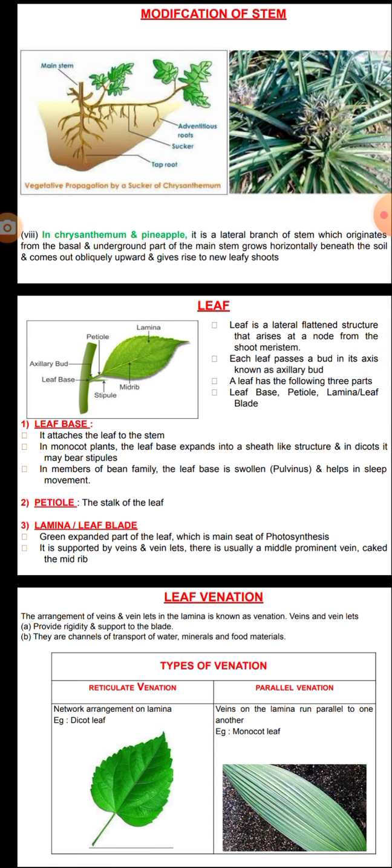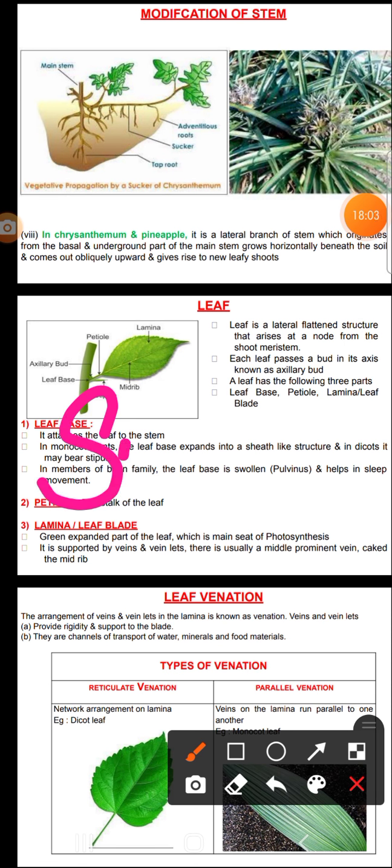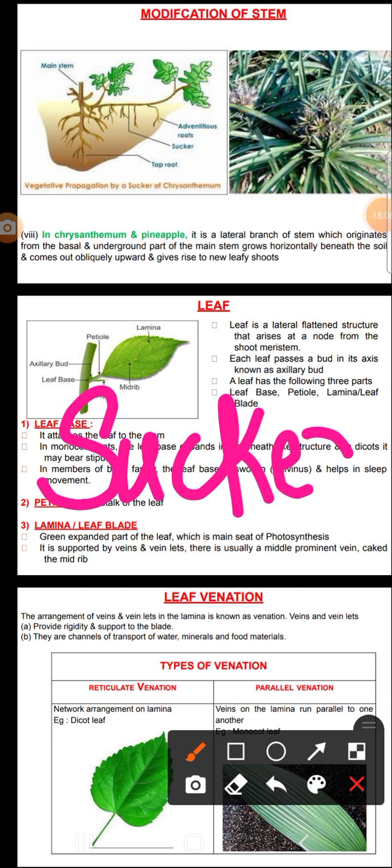Next type of modification of stem is called sucker. In sucker, as you can see here in the diagram, a branch from the underground emerges onto the ground like this, and it develops roots.